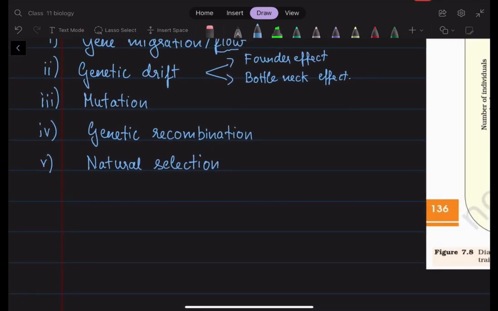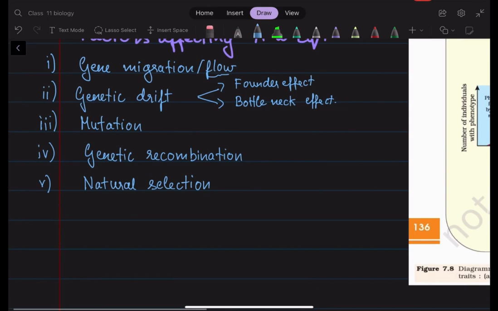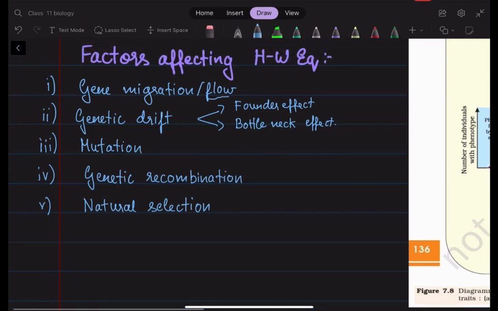So obviously natural selection will affect the equilibrium because the nature is selecting a particular phenotype over the other. It is basically favoring one phenotype over the others. So the individuals having that favorable phenotype will be more than the ones having the less favorable phenotype. So this will again affect the Hardy-Weinberg equilibrium.